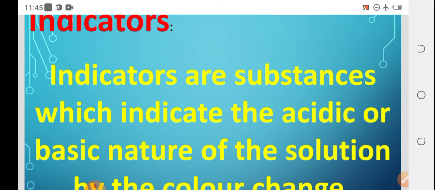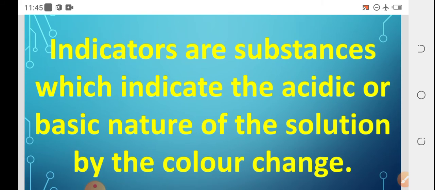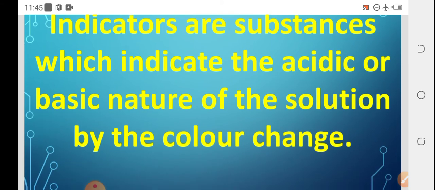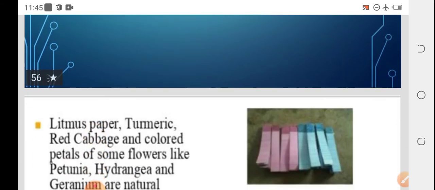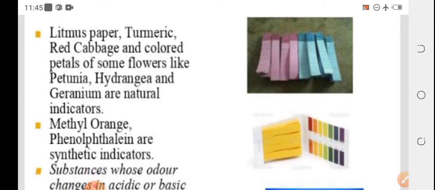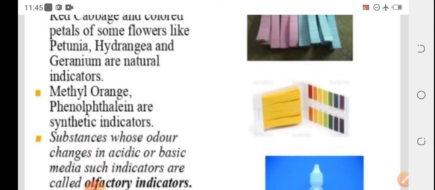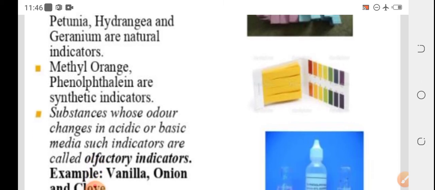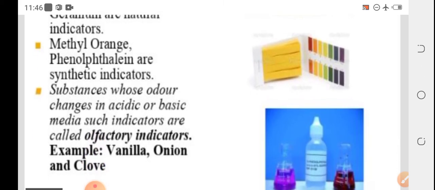Next, about indicators. Indicators are substances which indicate the acidic or basic nature of a solution by color change. Examples are litmus paper, turmeric, red cabbage, and colored petals of some flowers like petunia, hydrangea, and geranium. These are natural indicators. Methyl orange and phenolphthalein are synthetic indicators.